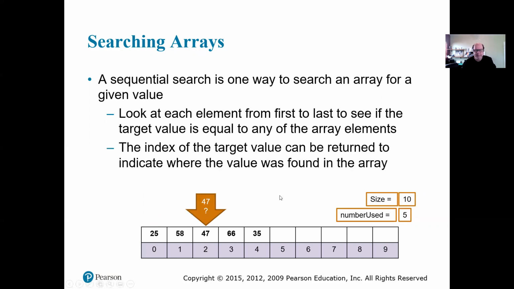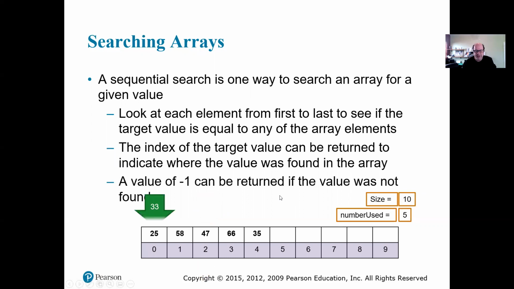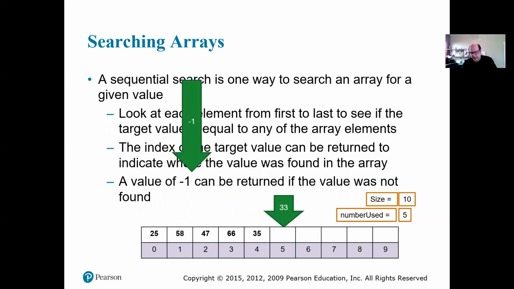What about if I am looking for something that I cannot find in here? Let's say I'm looking for 33. I'm looking from the beginning. I keep going, and then I am done with my for loop, and I haven't found 33 yet. So in that case, I'm going to return -1.